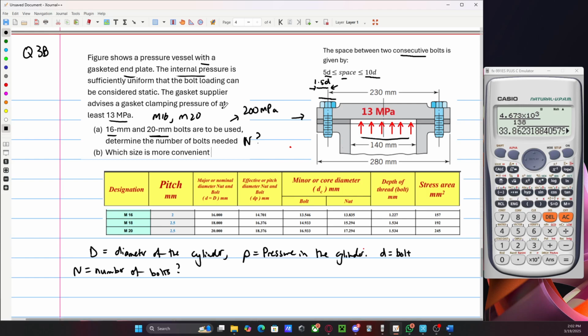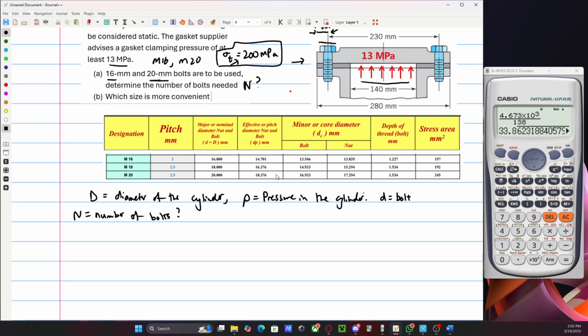So the way we do this is we need to work out the upward force acting on the cylinder cover.